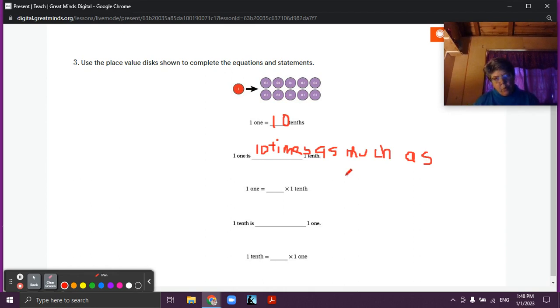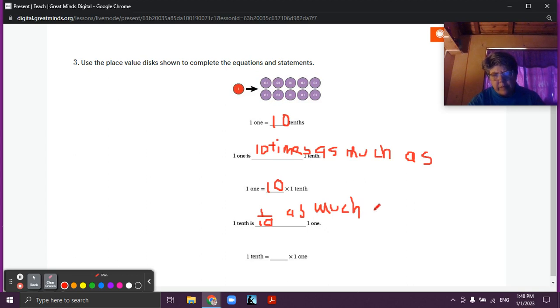Okay, so then 1 equals 10 times 1/10. So we're just looking at it in lots of different ways so we can really understand what this is showing us here. 1 is 10 times of 1/10, and 1/10 is 1/10 as much as 1. 1/10 is 1/10 as much as, okay, and it already has 1 there.